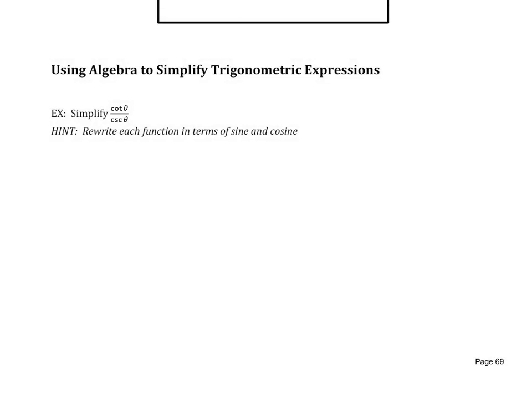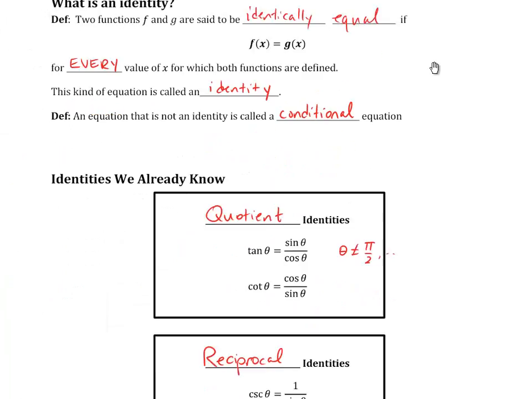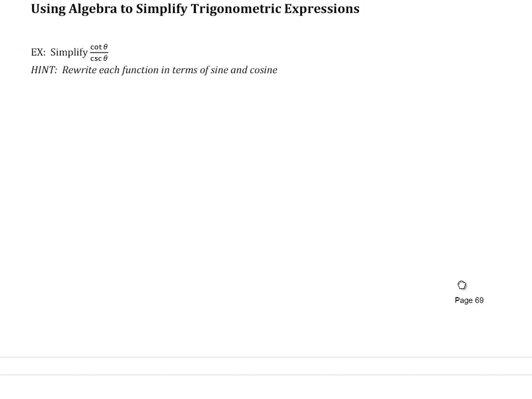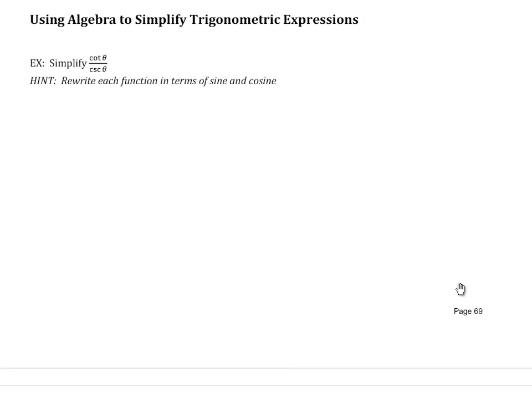In many cases, the process of proving a trig identity is going to boil down to doing some algebraic simplification of your trig expressions. And so in this lecture and in the homework for this, we're primarily going to be practicing some of those algebraic manipulations. So in this example, we want to simplify cotangent of theta divided by cosecant of theta.